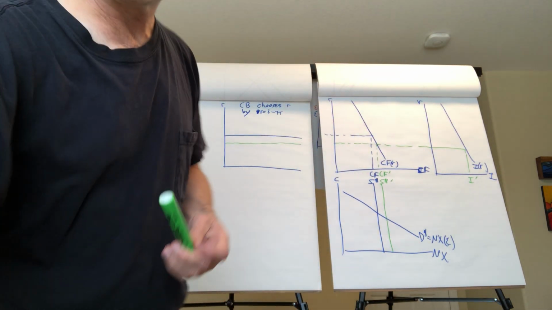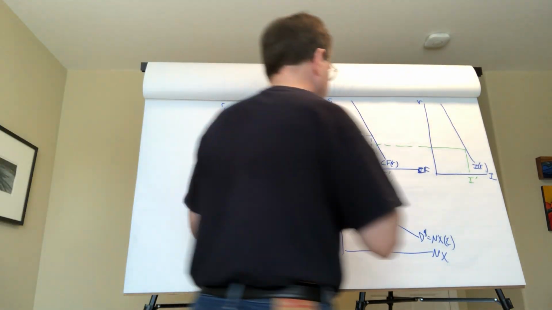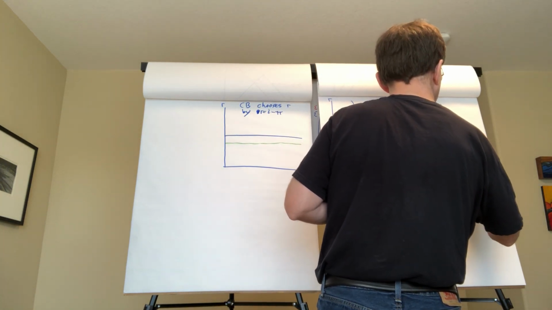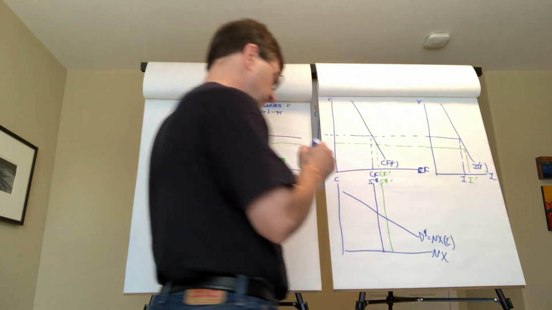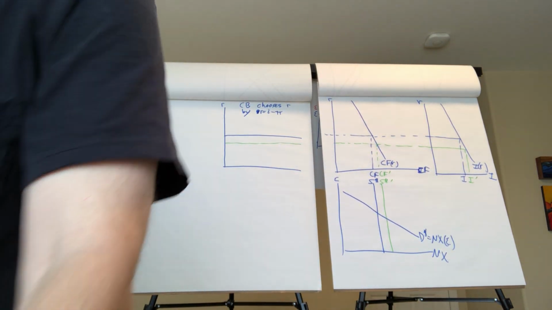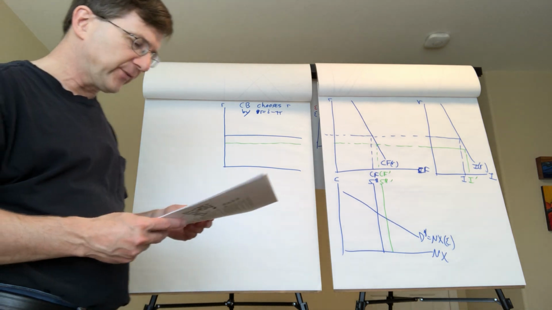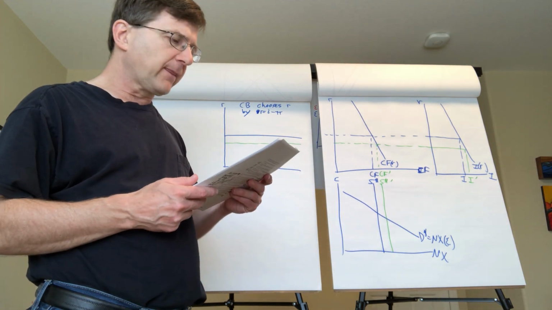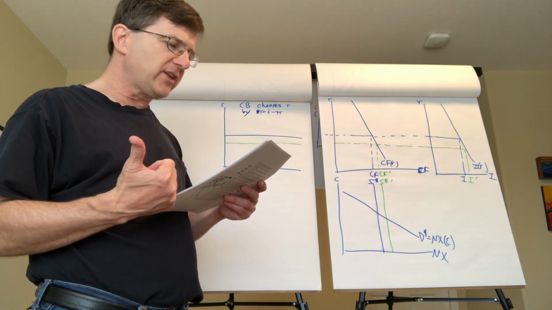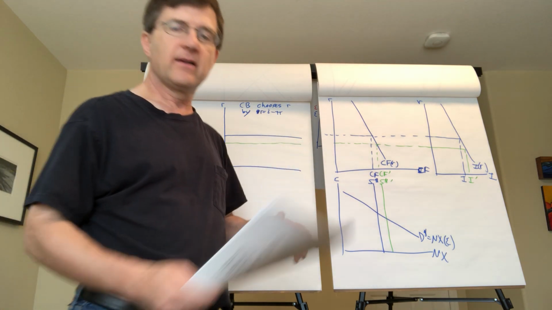Now, I hadn't drawn the original level of investment, but I will do that now. Here's my original quantity of investment. I think we're ready to look at the answer categories, and if we forgot anything, we'll figure it out. Question 36 is talking about real exchange rate and aggregate demand.